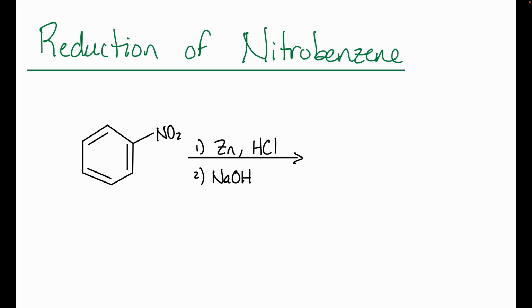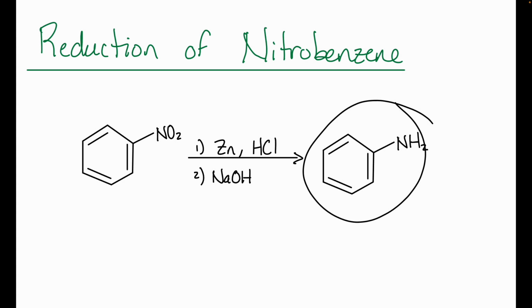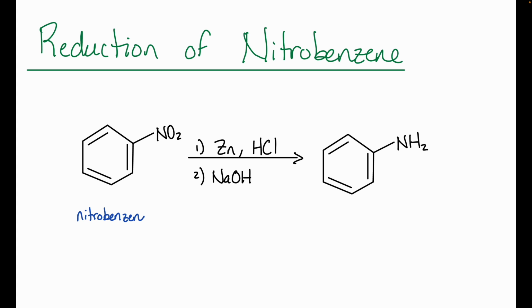Okay, and this will have the effect of reducing that nitro group from being NO2 to just being NH2. Okay, and we got a special name for this. That's one of our special benzene derivatives. So this would be taking nitrobenzene and turning it into aniline.